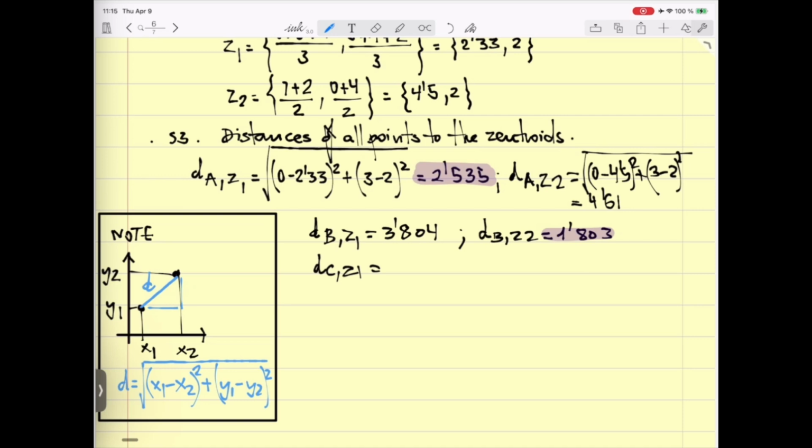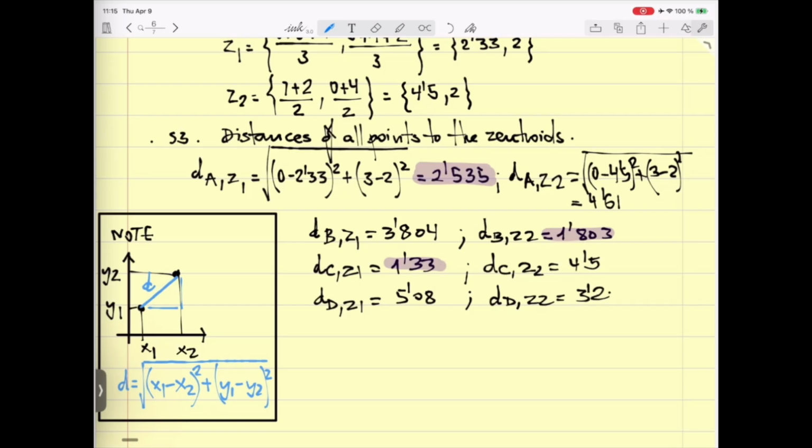C is going to be 1.33 to the first centroid. To the second centroid, this is going to be 4.5. So it belongs to the first group. D is 5.08. D to Z2 is 3.201.